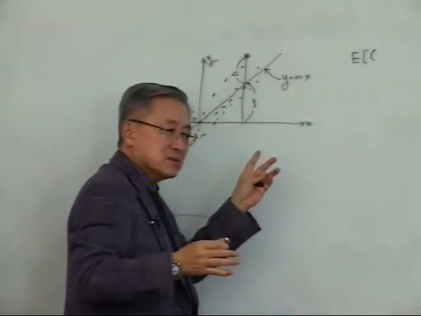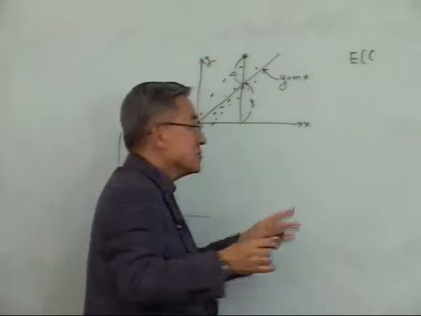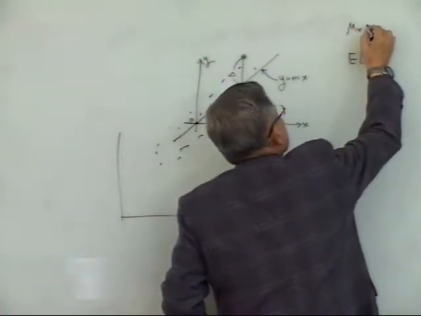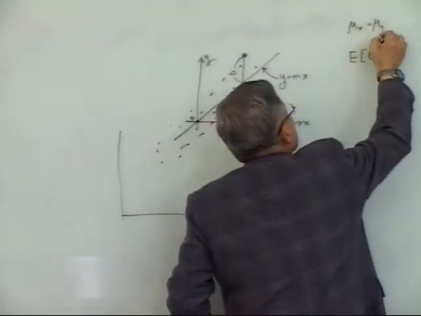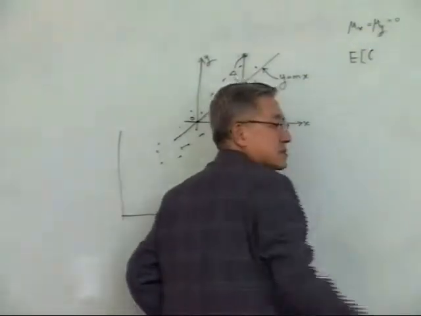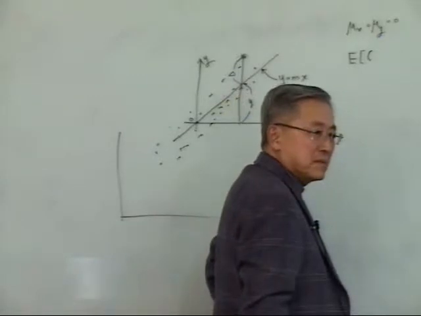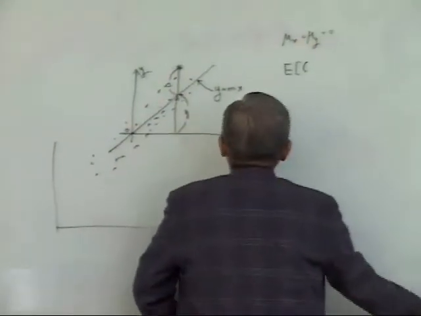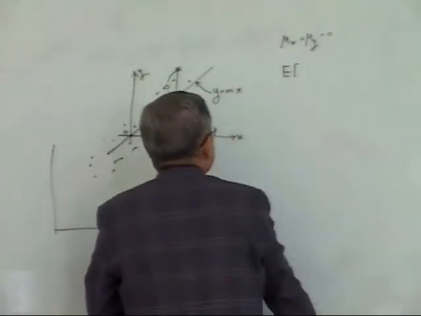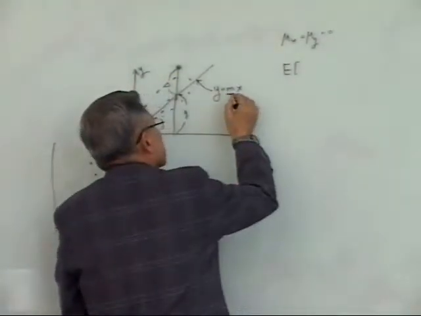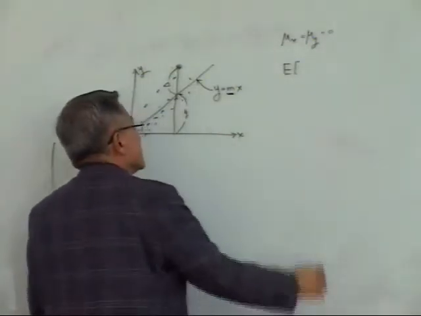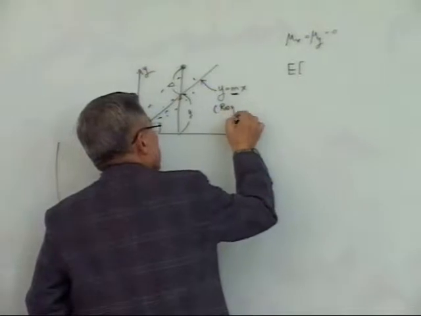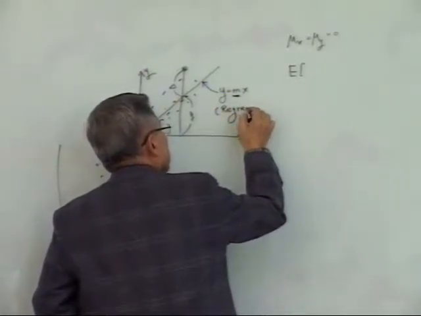What's the reason? To make life easier, to set mu x and mu y equal to 0. It makes it simpler. And over here, m is simply the slope. So this you call regression, right?